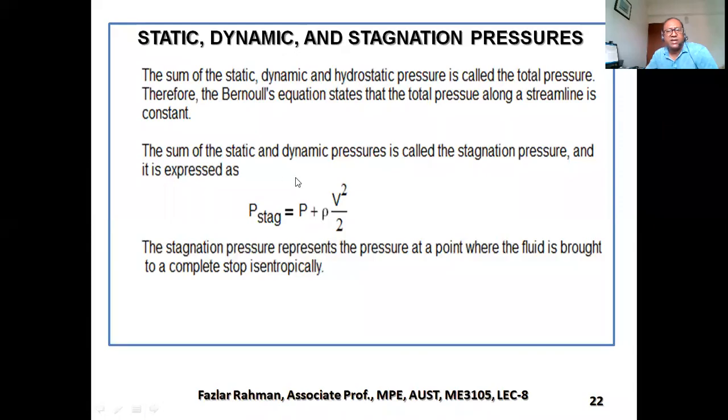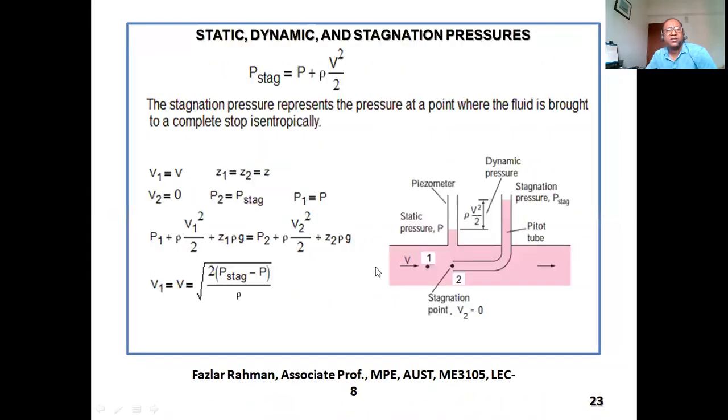The sum of static and dynamic pressure is called stagnation pressure, expressed like this: P stagnation equals static pressure plus kinetic pressure. Stagnation pressure represents the pressure at a point where the fluid is brought to a complete stop isentropically. Okay, isentropically means entropy constant.